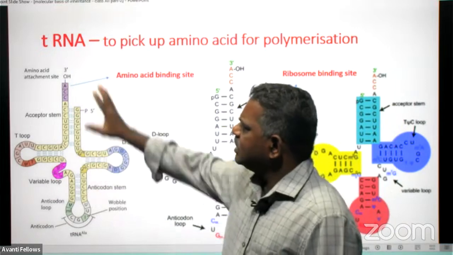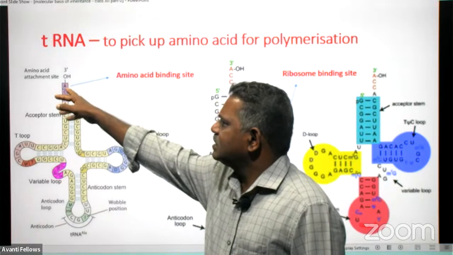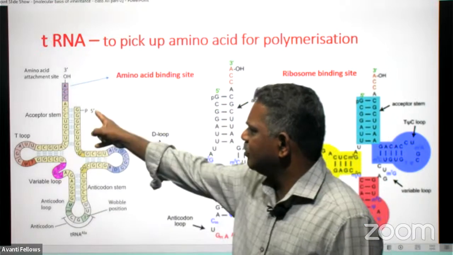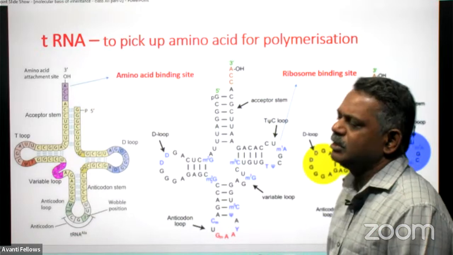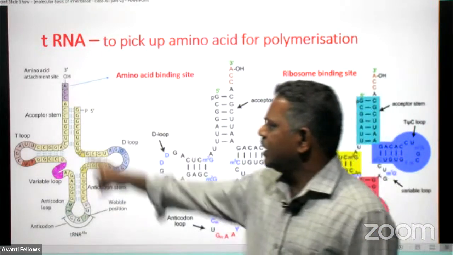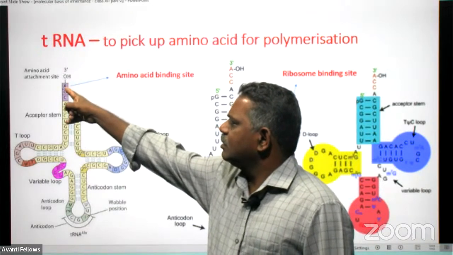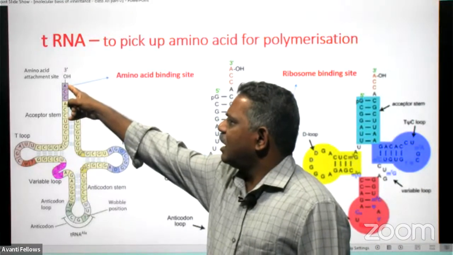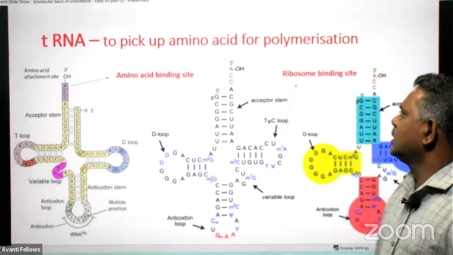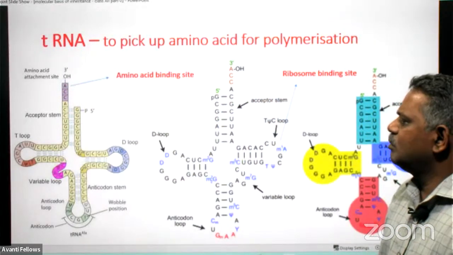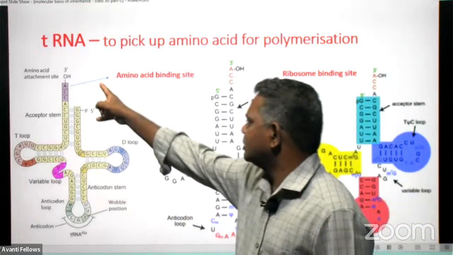The 3' end of all tRNAs ends with ACC, whereas the first base at the 5' end should always be guanine. The adenine at the 3' end is attached to the amino acid, and we call it the amino acid binding site.